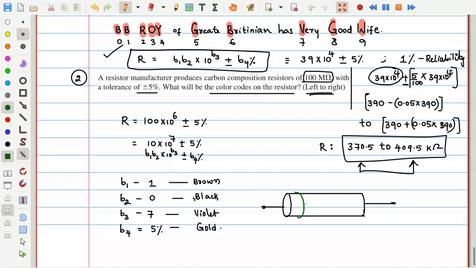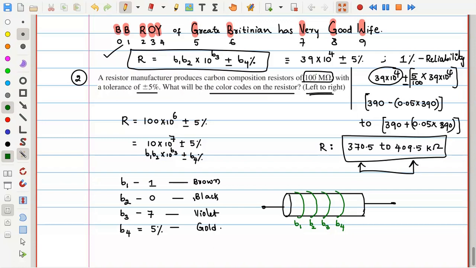This is band 1, band 2, band 3, band 4. So the colors should be brown, black, violet and gold. They should print that, and it gives the 100 mega ohm.